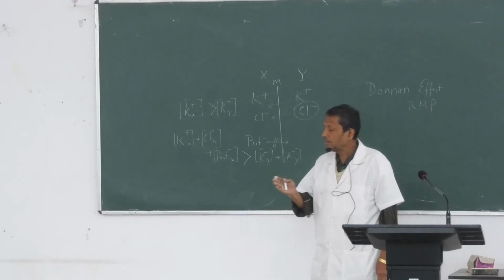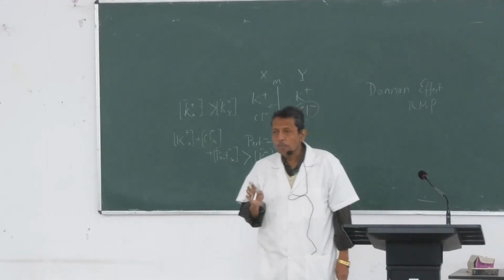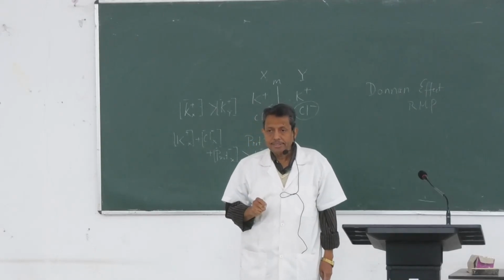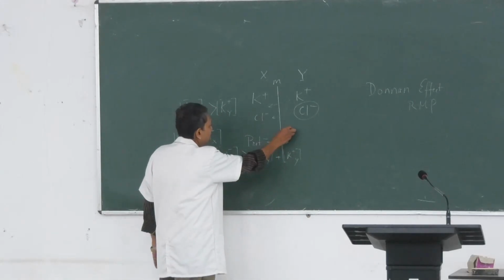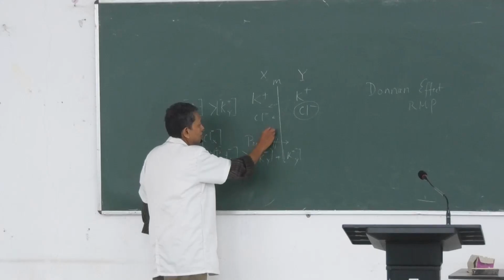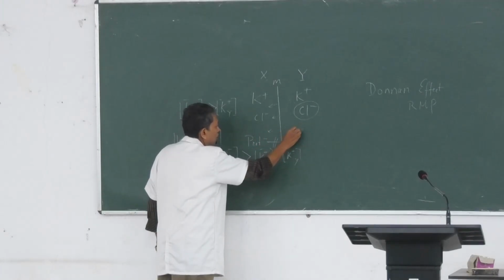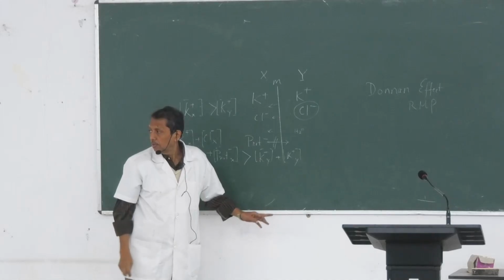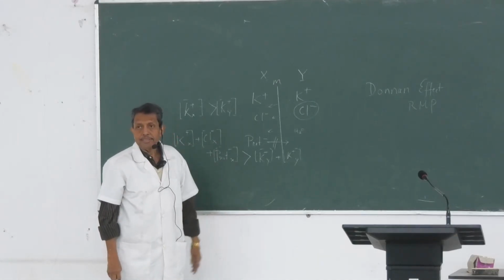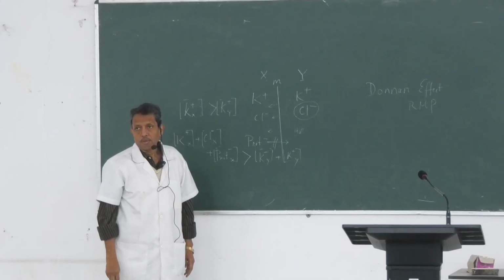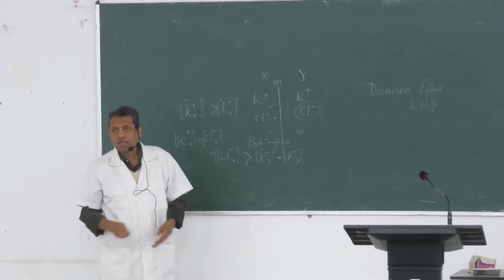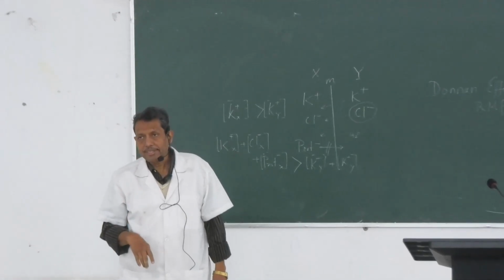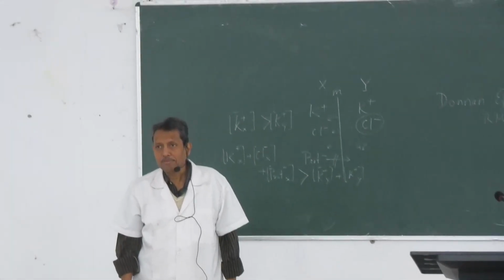And where there is the scope of diffusion of water, so water molecule may pass from this side to this side. So it will change, and a new environment will be created, and this process continues.